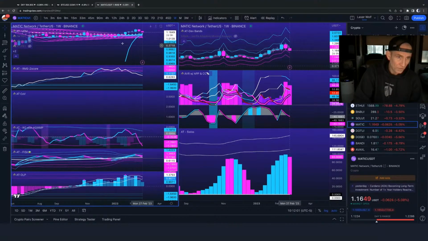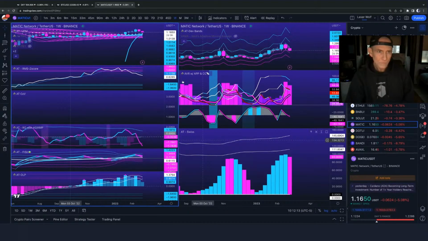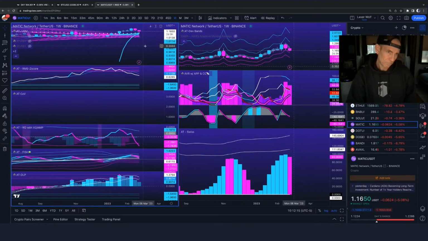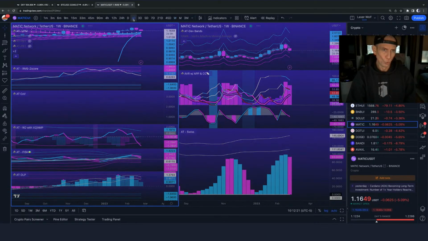Got this tumbling down. So, on the weekly, outside the power mean band, boom. There's the Fisher, about a buck and a nickel. Don't be surprised to see Matic drop another 11 cents or so, especially with this power mean band tight like that. This thing's got some work to do.